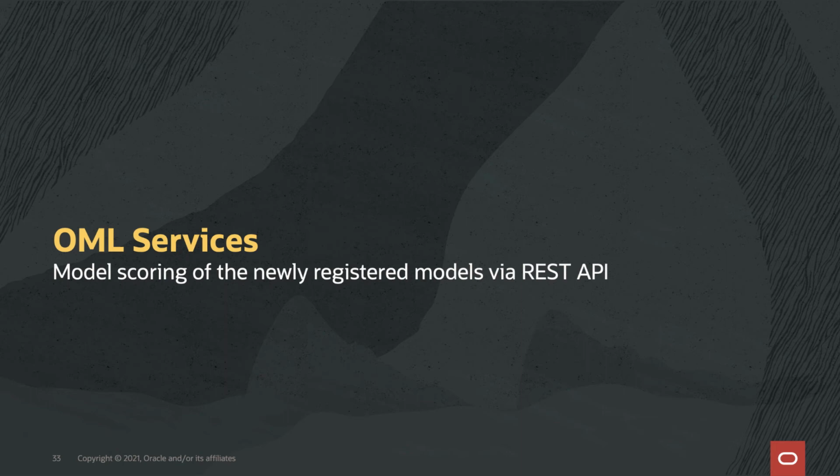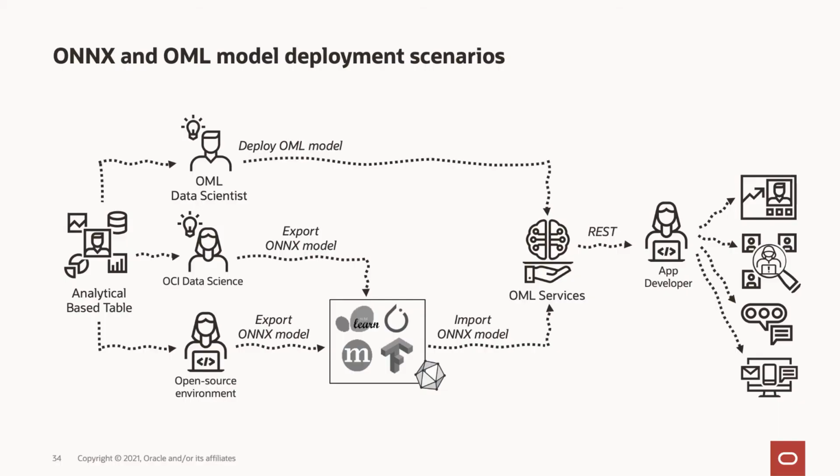OML Services is the key for scoring models in real time, and that's going to happen for the models that you deployed. We just deployed two different models, and for those two models, this is the route. Once the data scientist is using the components there, he can deploy the model to OML Services like we just did.